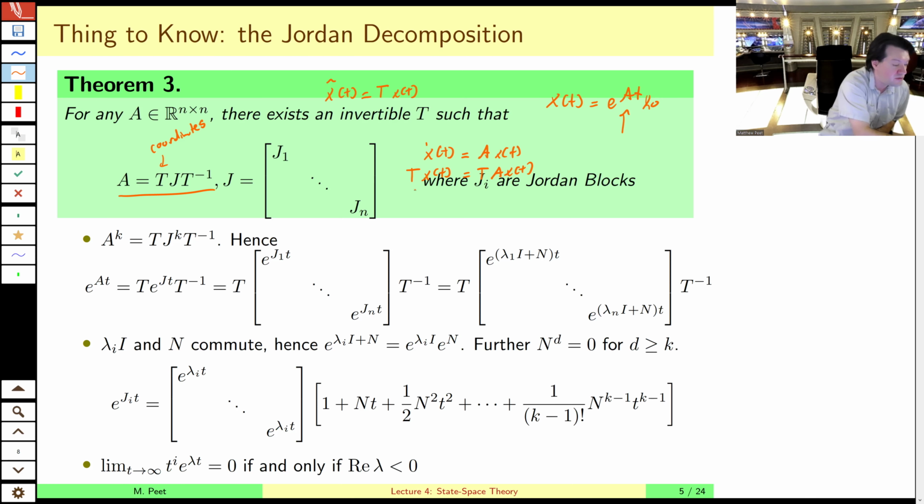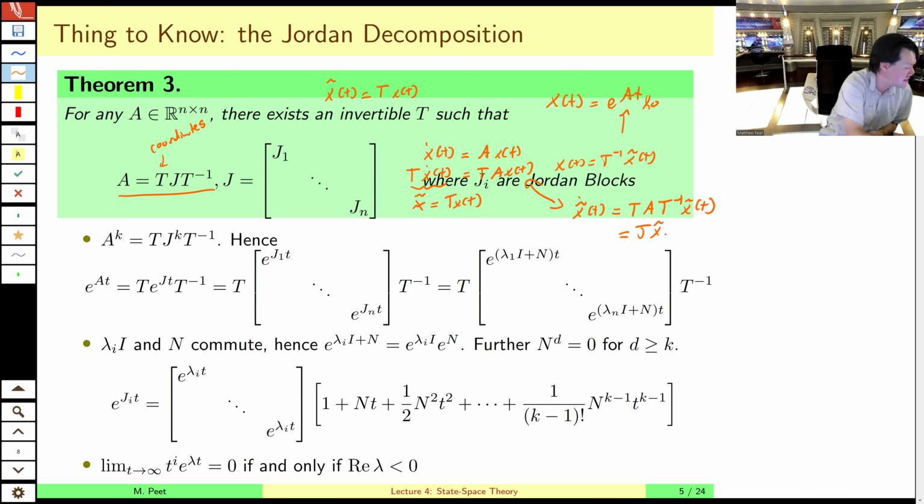Then we do this substitution where x tilde is T x of t, and the dynamics become x tilde dot of t equals T A, and then x of t is T inverse x tilde of t, so we get T A T inverse x tilde of t. So this is a coordinate transformation which allows us to change our definition of states, and in these states the system becomes just J.